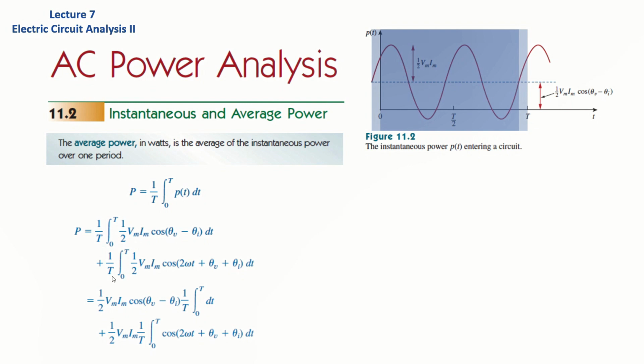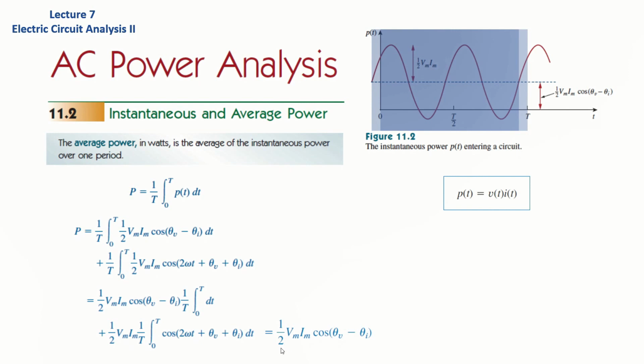Therefore this expression will contribute zero to this whole expression, and we will only remain with the part that does not have an oscillating function. So this is the average power that we have.